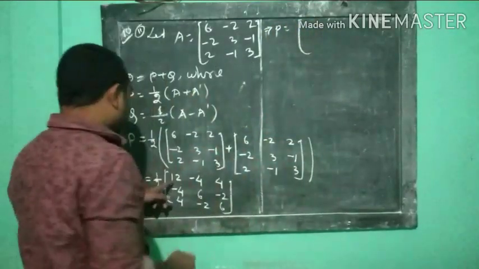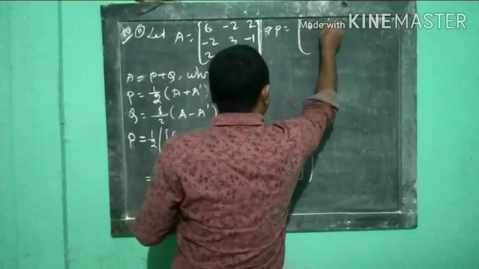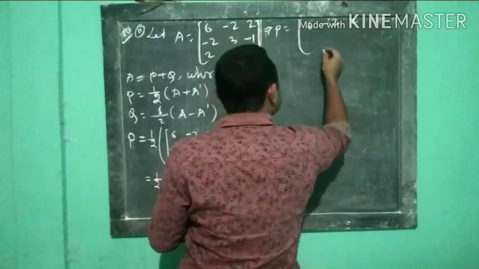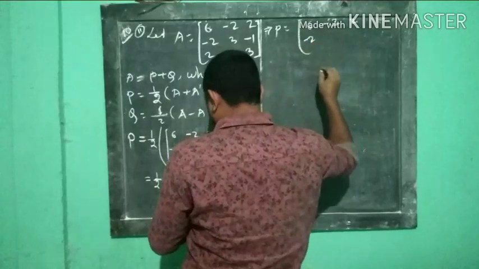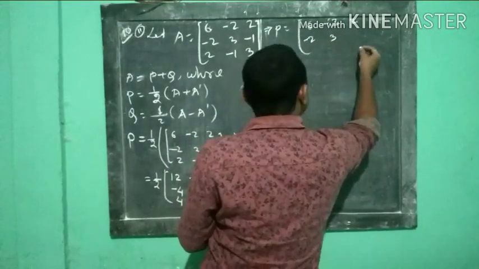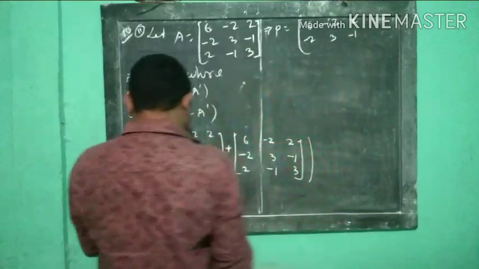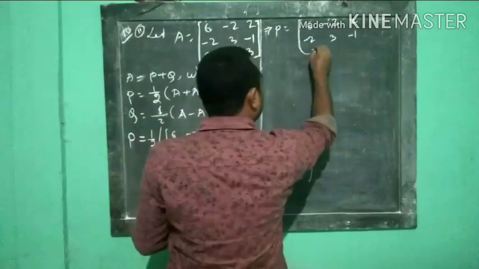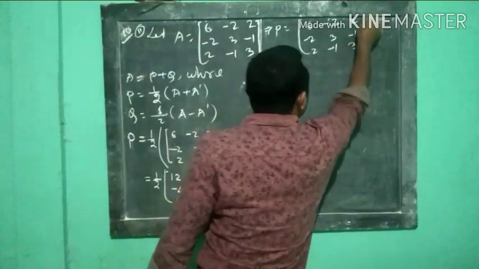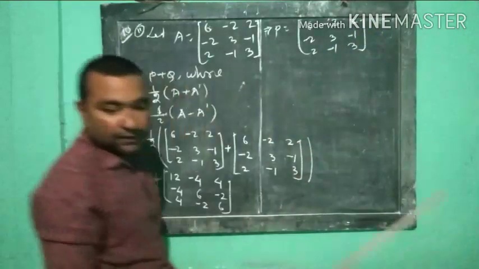Then P equals 6, minus 2, 2; minus 2, 3, minus 1; 2, minus 1, 3. Is it clear? It is clear.